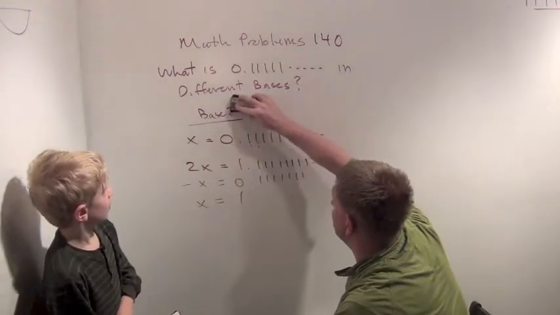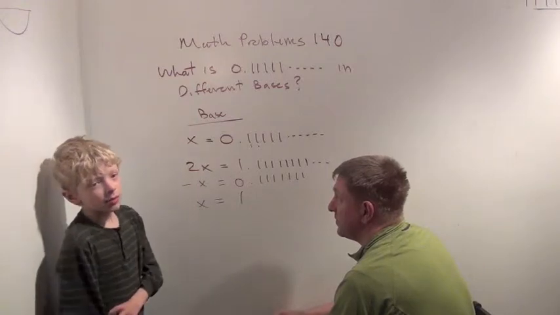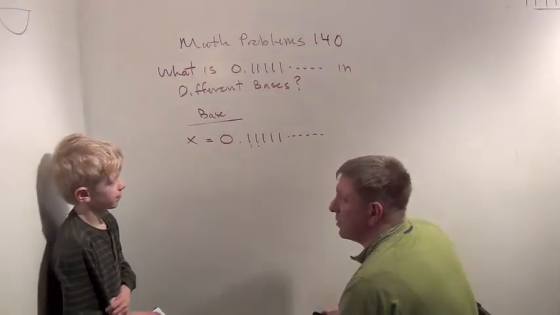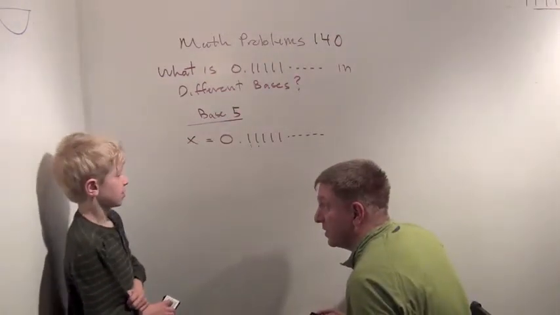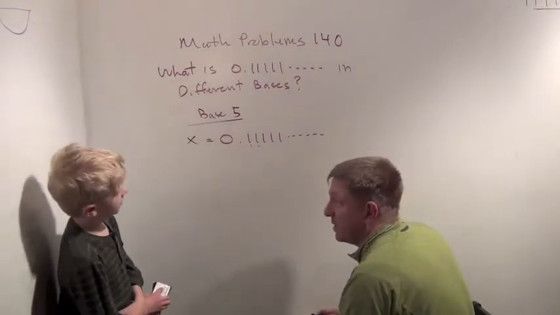And then we decided to look at 2 more different bases. So pick a base. Maybe 5. What is 0.1111111 in base 5? We didn't do that one before. But if we do the same kind of idea, what should we multiply by here? 5.